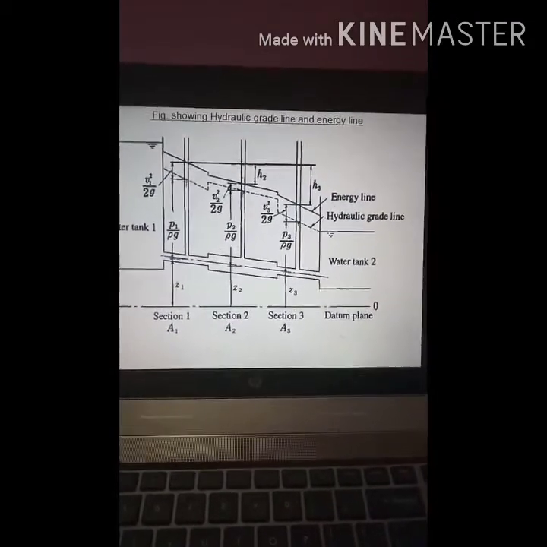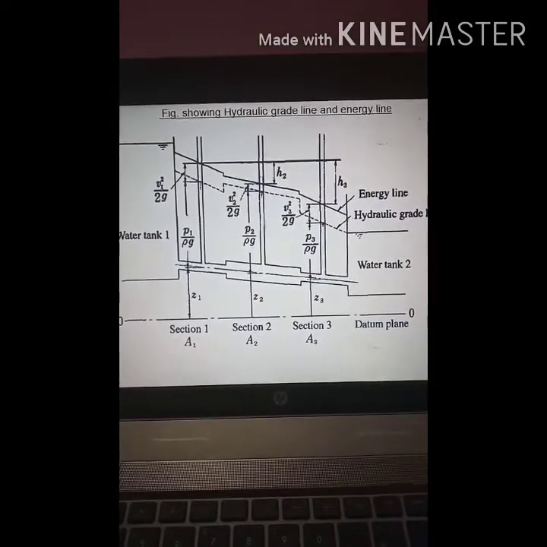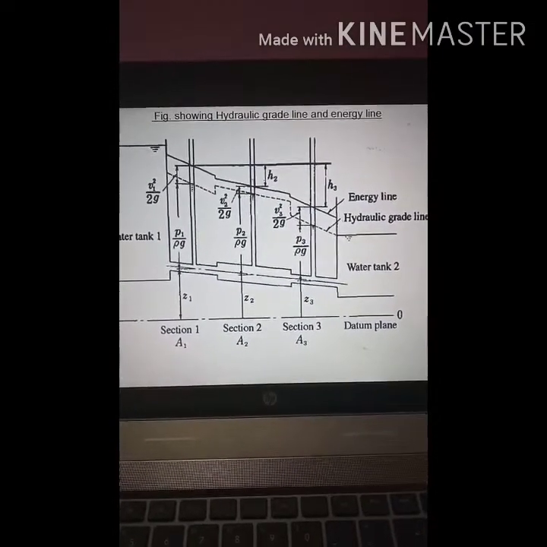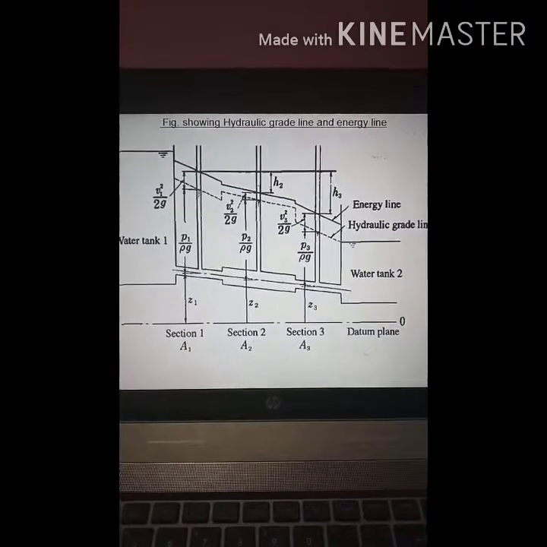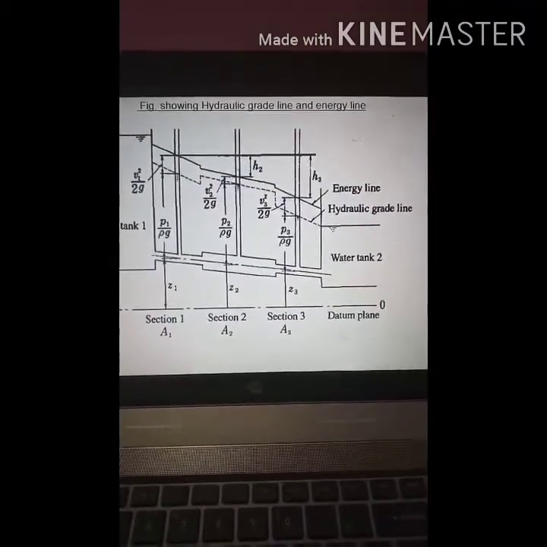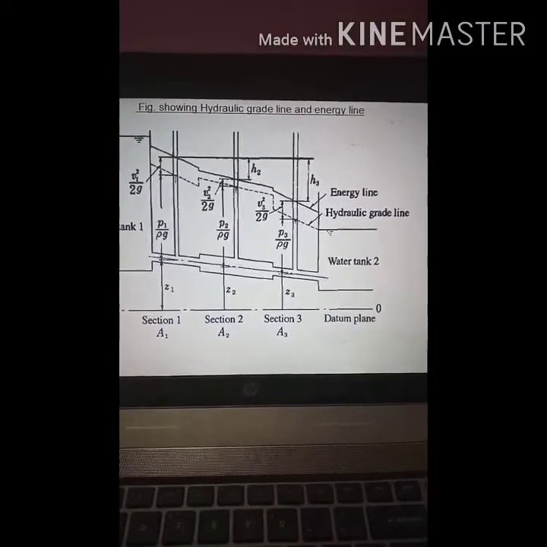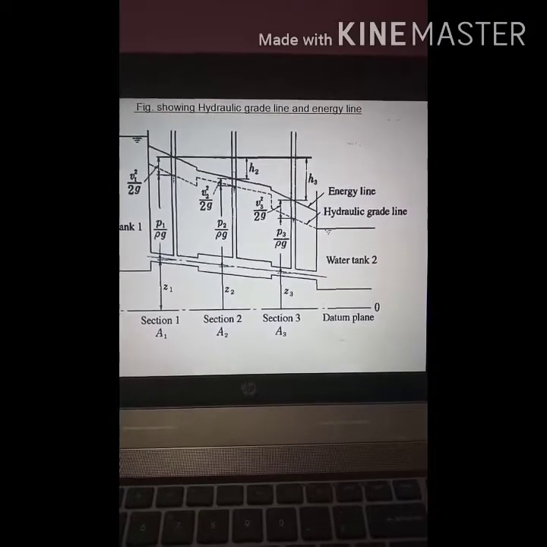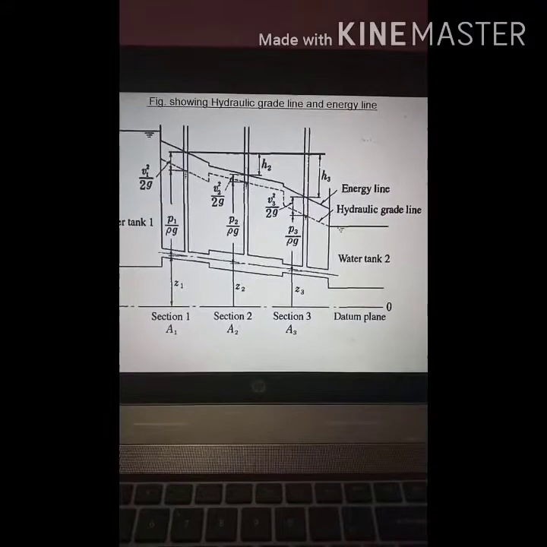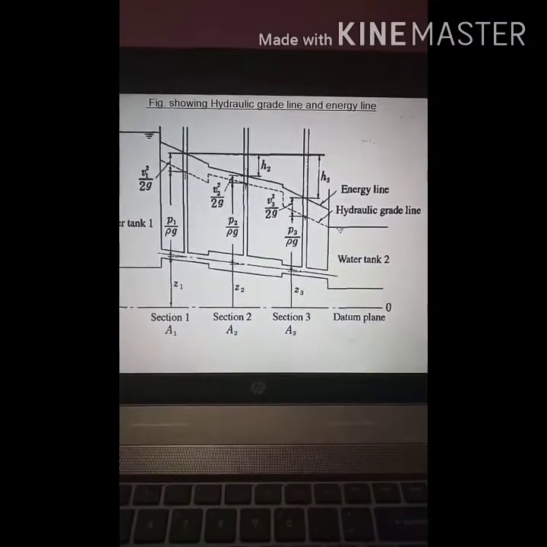Now at the top of the figure, there is one line which is called the energy line, and it represents all three types of energies: datum energy, pressure energy, and kinetic energy. The line representing all these three energies across all the pipes is called the total energy line or energy line. Why is it decreasing?